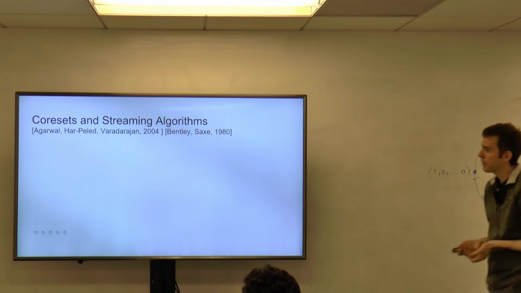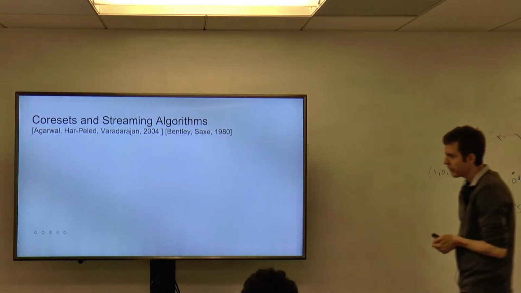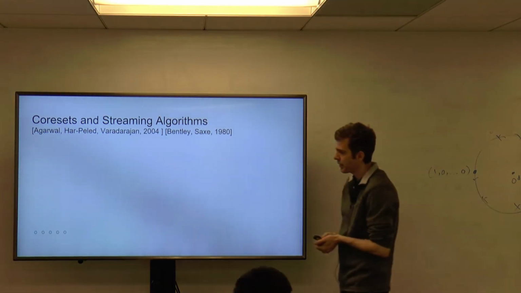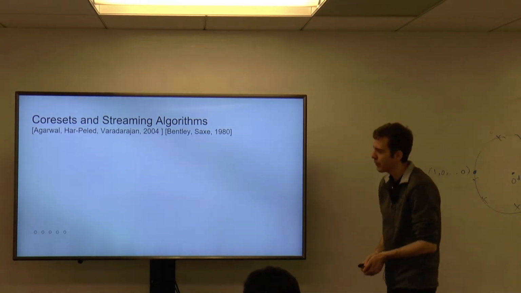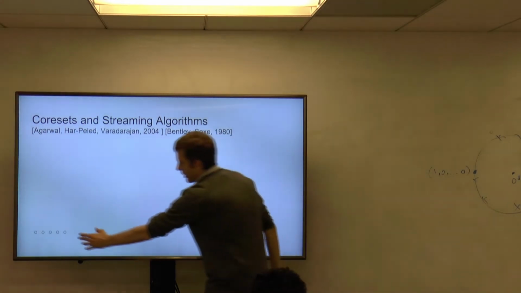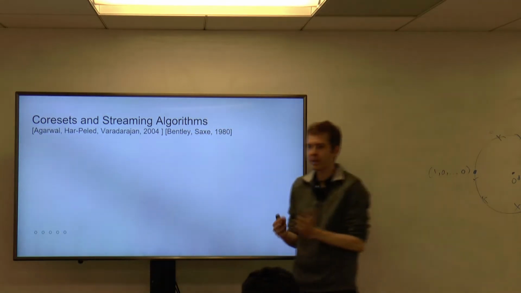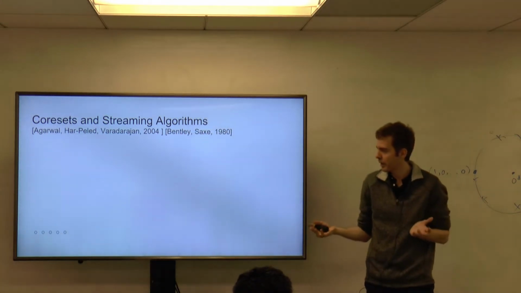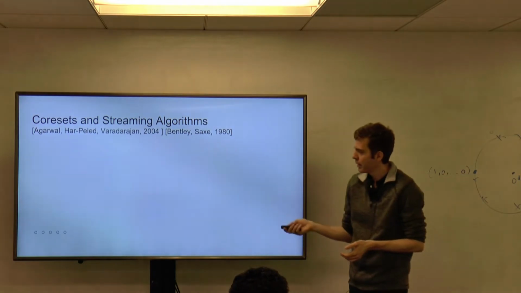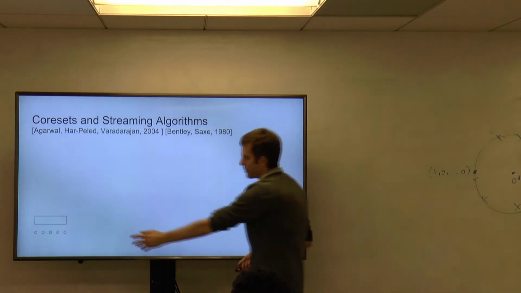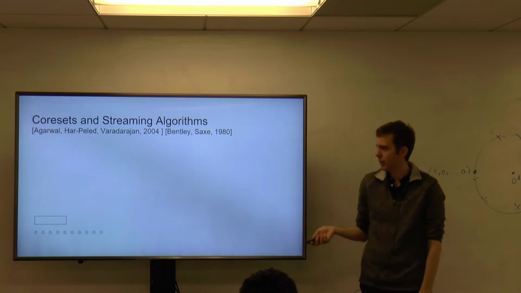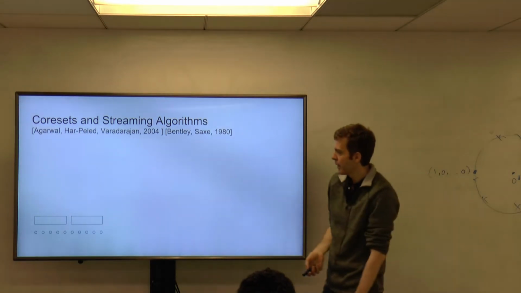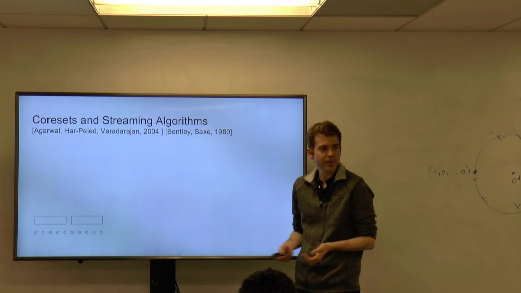Another application is to streaming algorithms. One way of using coresets in a streaming algorithm is that I see my n points one at a time in a stream. After I see some number of points, there are too many to store in memory, so I compute a coreset of those points. Then I see the next batch of points and compute a coreset of those, and now I can merge the coresets.